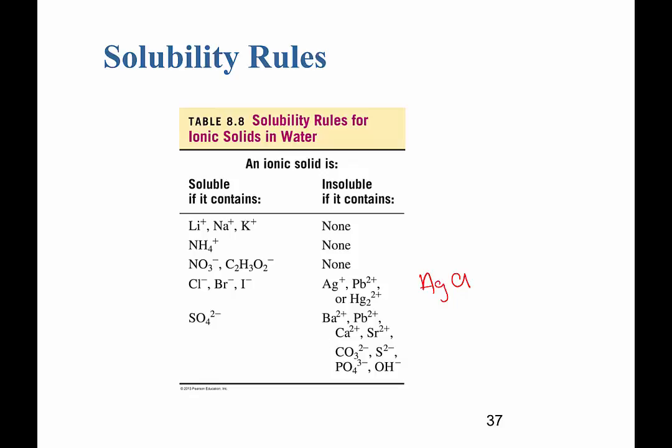Sulfates are soluble unless it is with one of these other compounds. So if I had calcium sulfate, that would be insoluble. Otherwise, if I had lithium sulfate, that would be soluble because all lithium compounds are soluble. So if it is one of these ions, that's going to tell me it's soluble. If it's not, it's going to be insoluble.